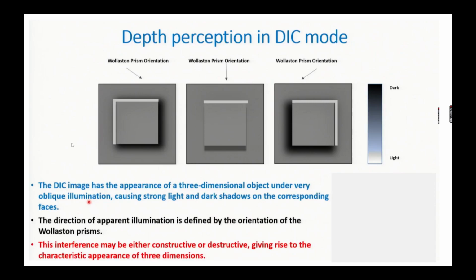When the light is coming, interference occurs and gives a change in phase, and this kind of shadow image is what gives the depth perception. If you go through the lecture, you can easily understand this. So in the DIC mode you can easily find the depth perception.